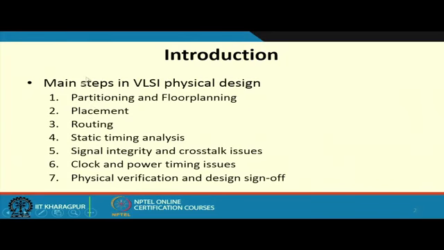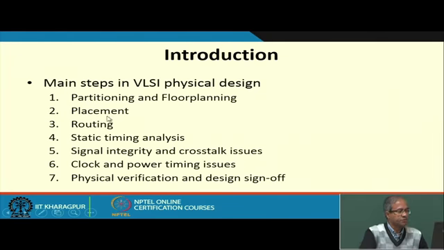The main steps are partitioning and floor planning, followed by placement, then the very important step of routing, then static timing analysis, signal integrity and crosstalk issues, clock and power design, and finally physical verification and design sign off, when we are ready to send our final design to the fabrication facility for the ultimate manufacturing of the device or the chip.